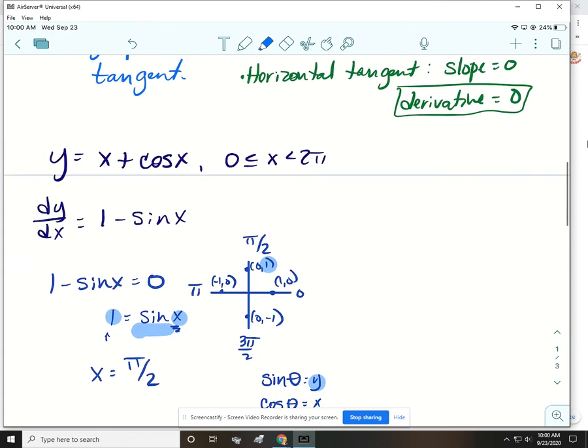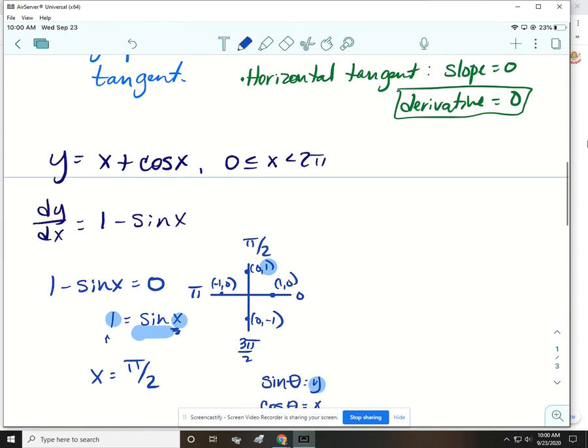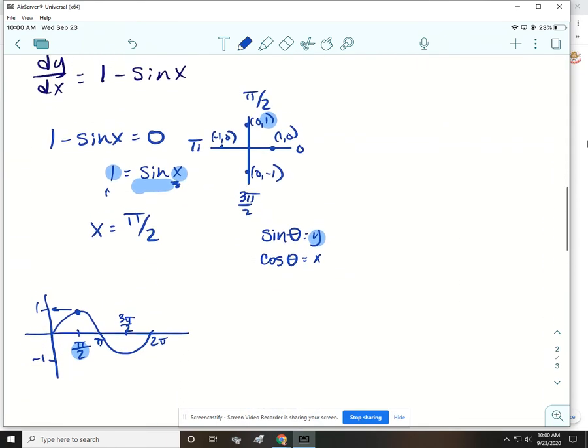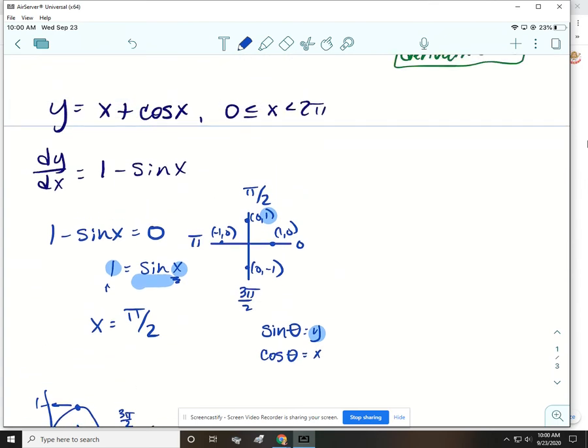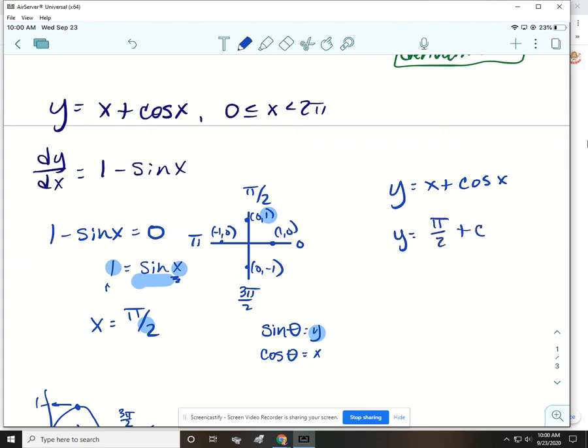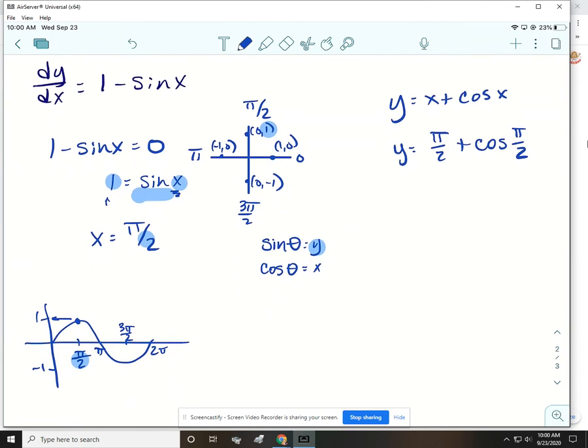All right, so we have figured out the x-coordinate. We want the whole point. So we need to find the y that goes with this pi over 2. And anytime you're looking for a point on the original graph, we go to the original function, y equals x plus cosine of x. And I'm going to plug in my value of x. Okay. Now we are going to need to be able to find the cosine of pi over 2.